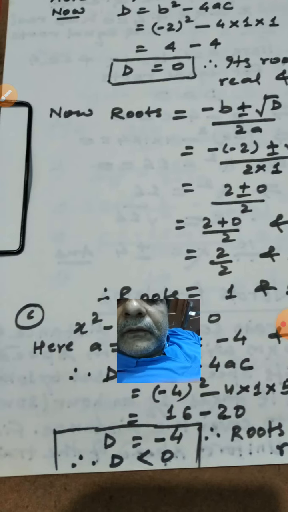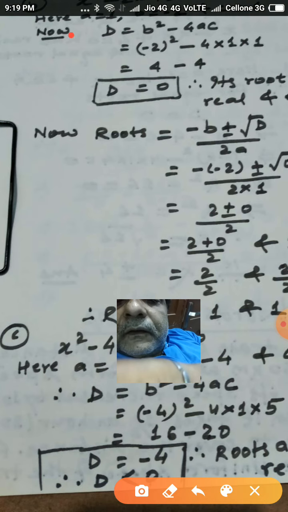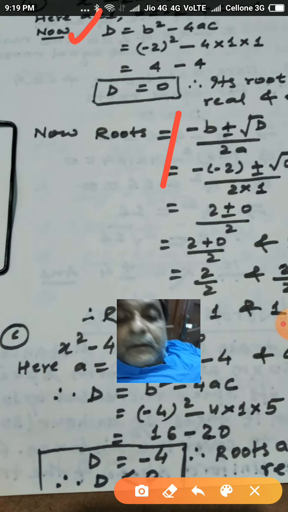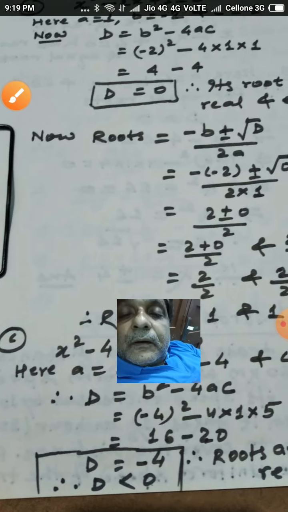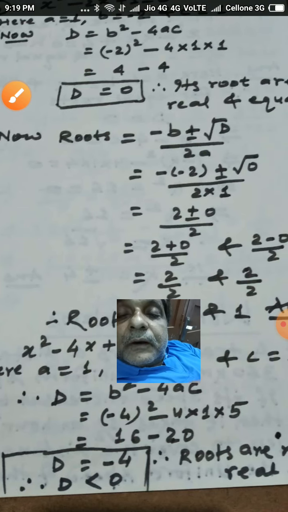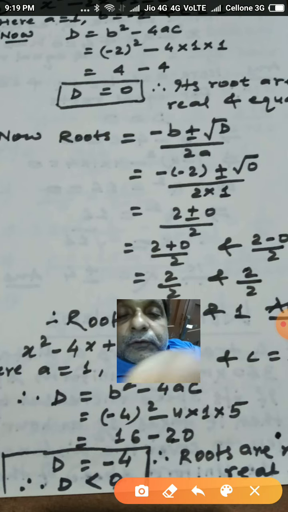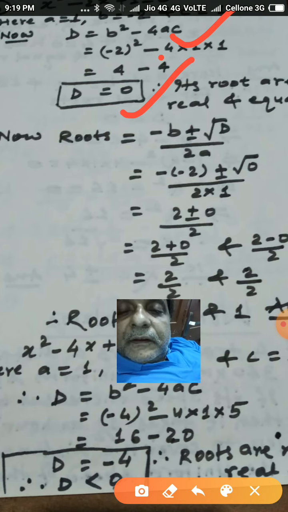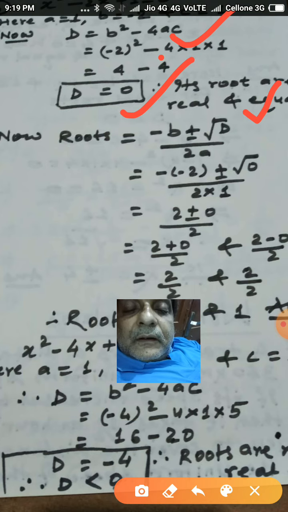So A is 1, B is minus 2 and C is 1. First of all, to determine the nature, we find D equal to B square minus 4AC, so it is 0. And we have already seen that if D is 0, then roots are real and equal. So this equation will have both the roots real and equal.